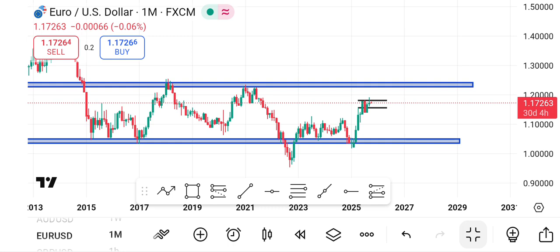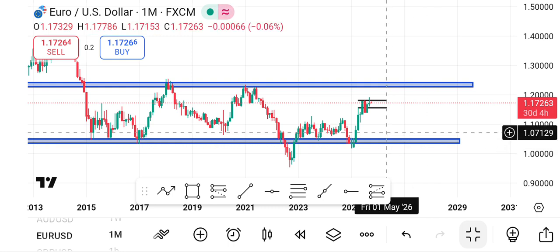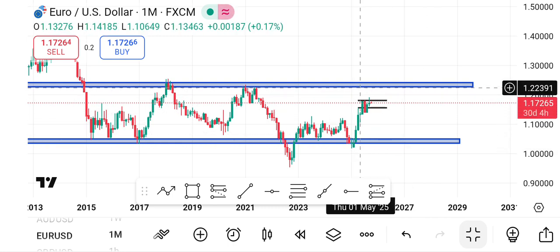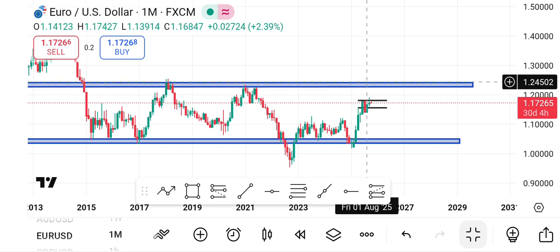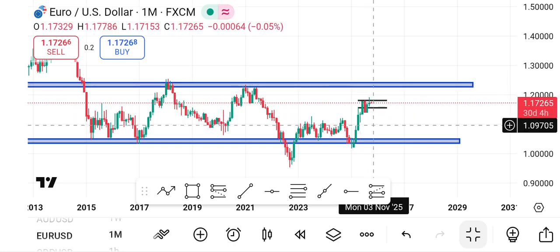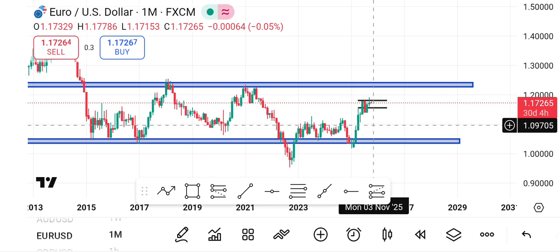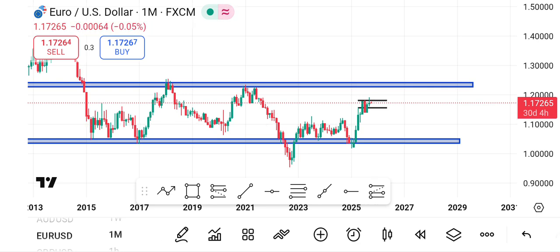Now we can see that this is a short-term move to this resistance. From this resistance, that's when we shall see if price wants to continue or come below. So how do I know that this is a move to the monthly resistance? It's simple.